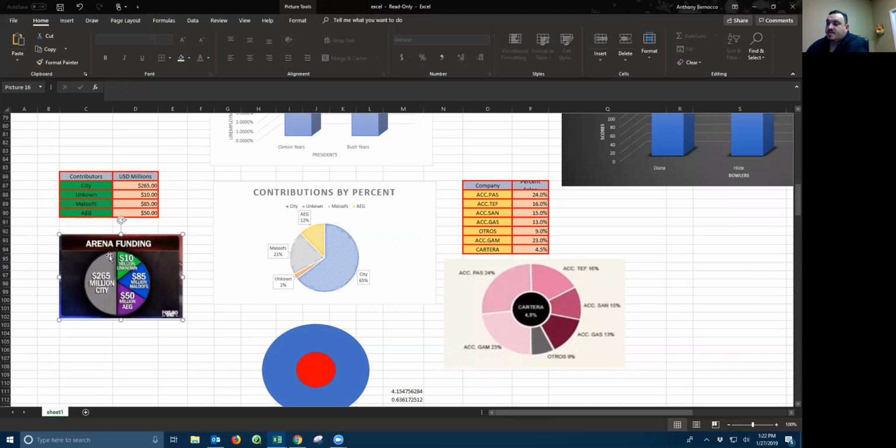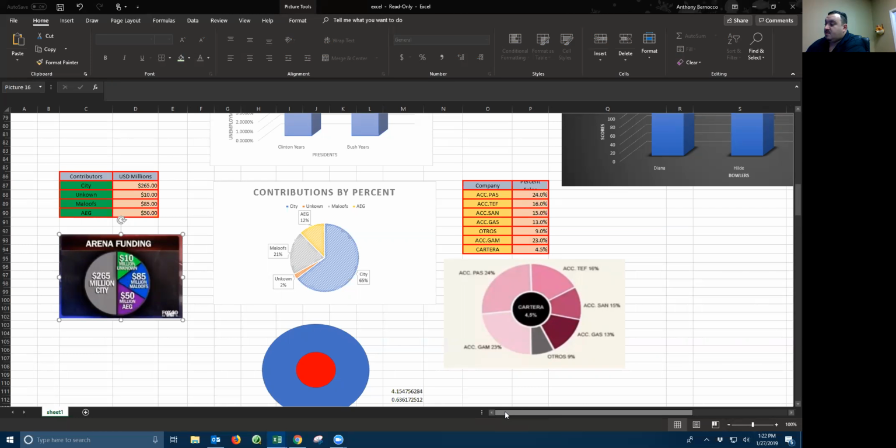The graphic shows 50%, where in reality they donated 65%. This is just misrepresenting the actual numbers.